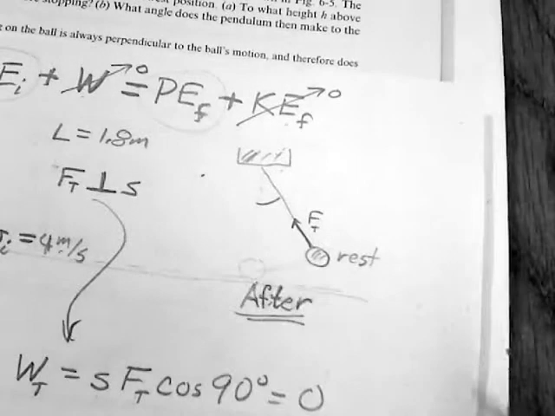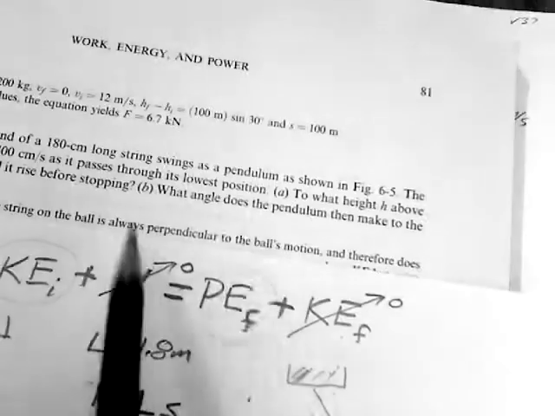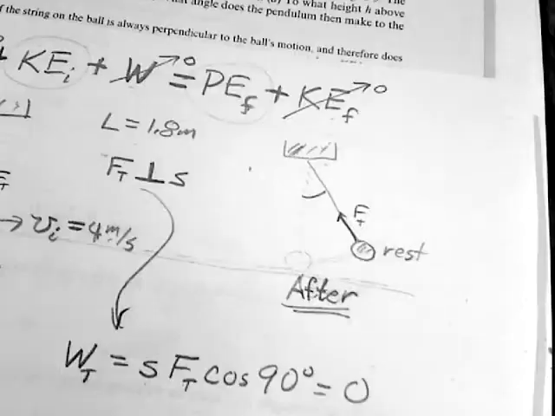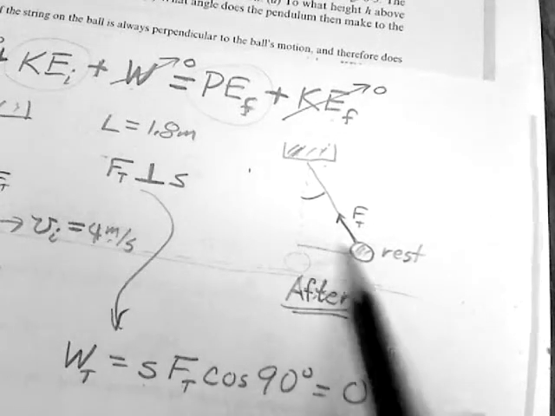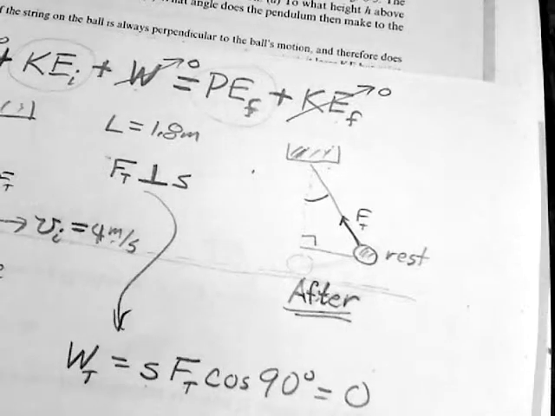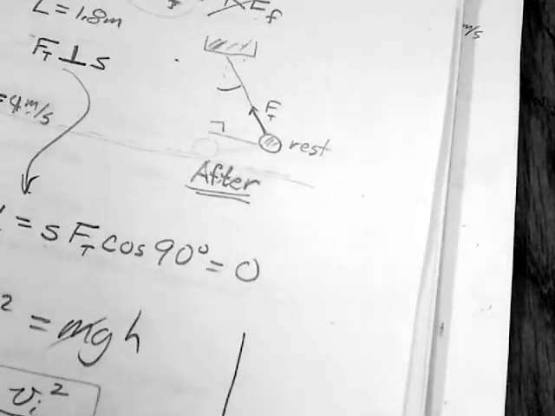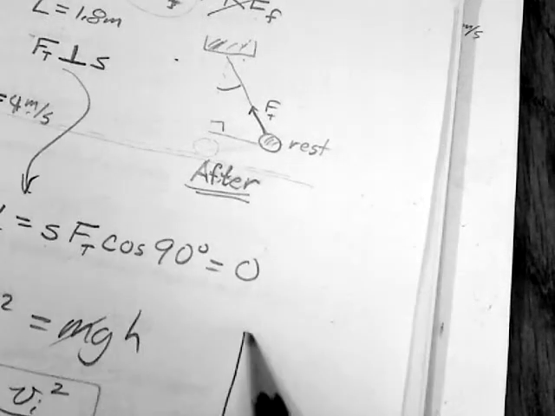What they also ask you to do is to figure out what this angle is. What is the angle that the pendulum makes with the vertical? A little more challenging, but you can make a right triangle out of that. So let me make that right triangle off to the side to make it really clear. Well, I'm not going to make the triangle first.